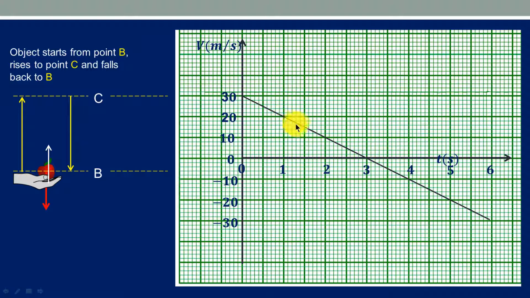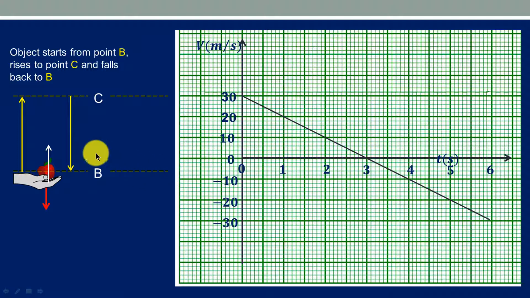This is the deceleration of the object. The deceleration is 10 meters per second squared. And indeed, that is the value of the acceleration due to gravity. The reason why the acceleration has a negative value is because we are considering motion upwards as being positive, but the acceleration due to gravity is always downwards.